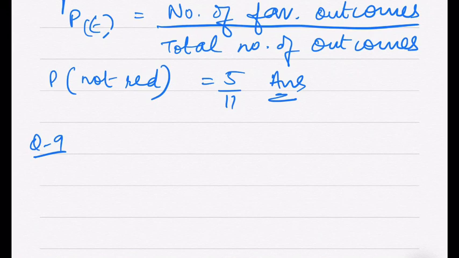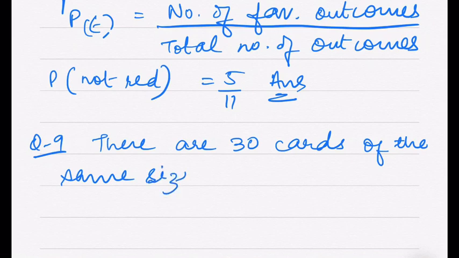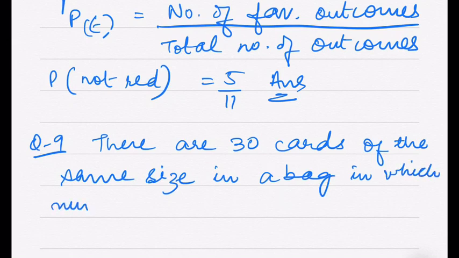Question number 9 says there are 30 cards of the same size in a bag in which numbers 1 to 30 are written.